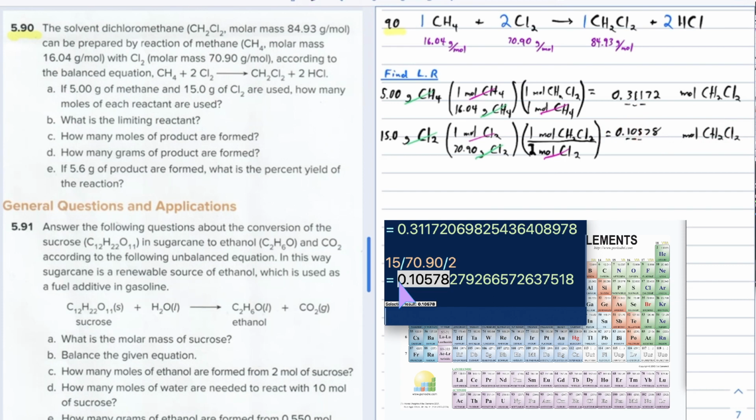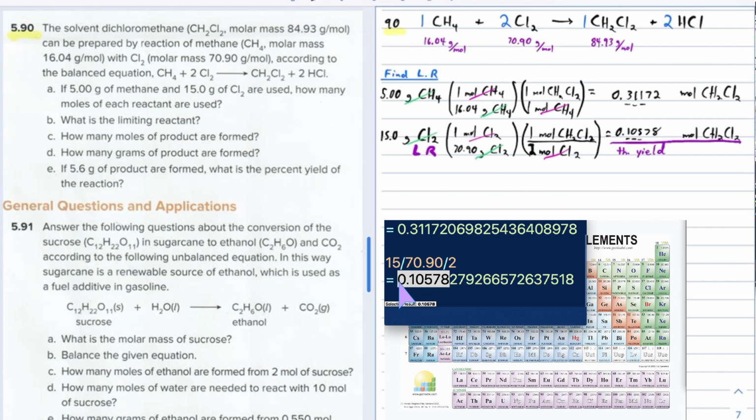So we can say that the chlorine is the limiting reactant, and this is going to be how many moles of product are formed. That's the theoretical yield of product that's formed.